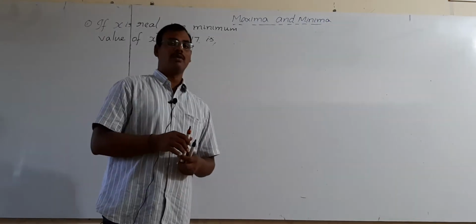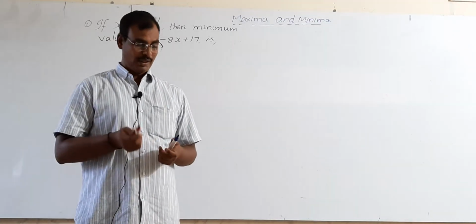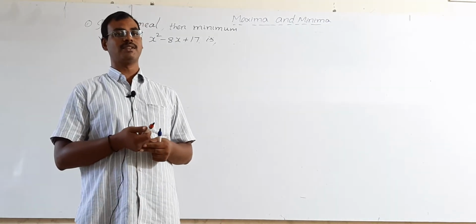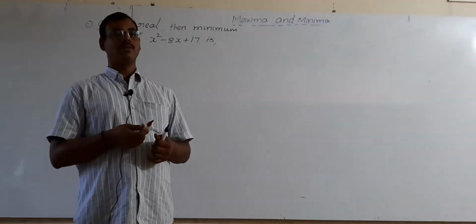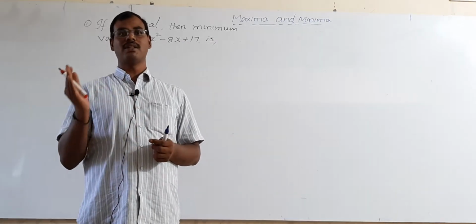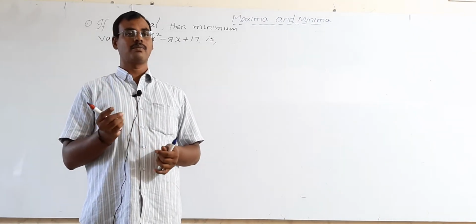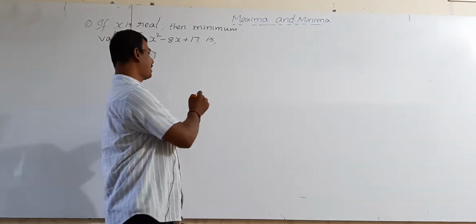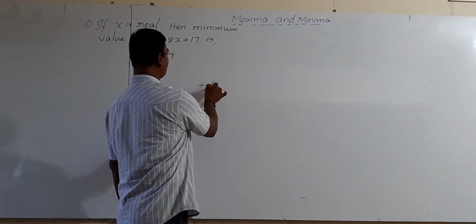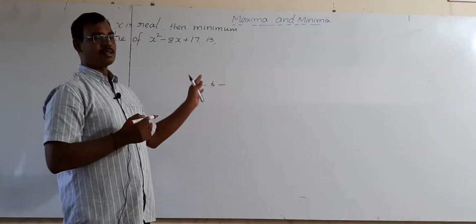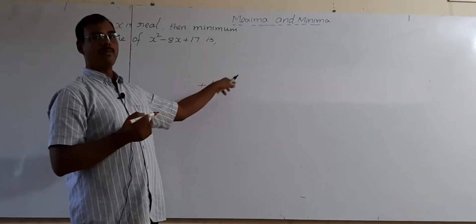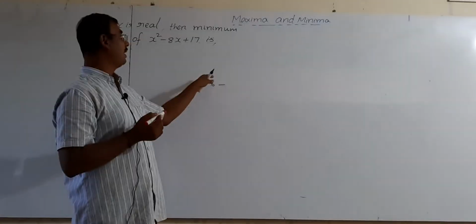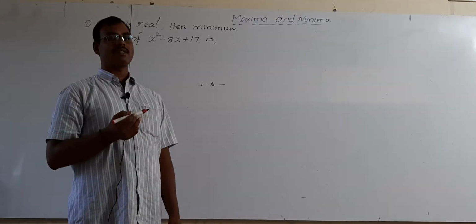What is the first derivative test for maxima and minima? Let f of x be a differentiable function at x is equal to a. If the sign of f dash of x changes from positive to negative, then f has a maximum at x is equal to a.